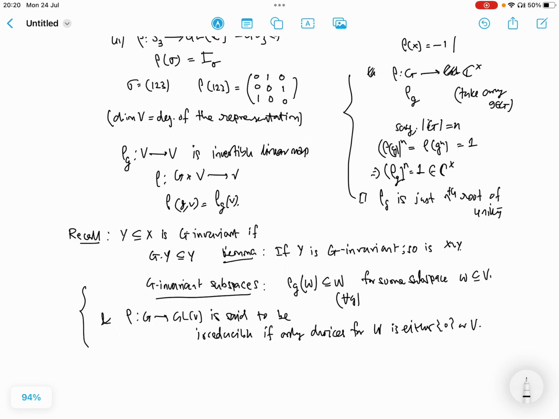If you take any G invariant subspace and take the complement of that subspace, clearly that's not going to work, because that is not even a subspace, let alone G invariant. It is not even a subspace because the zero vector, for example, is not there, because it is inside W. So clearly that is too much to ask for here. So what is the next best thing that you can hope for in a vector space?